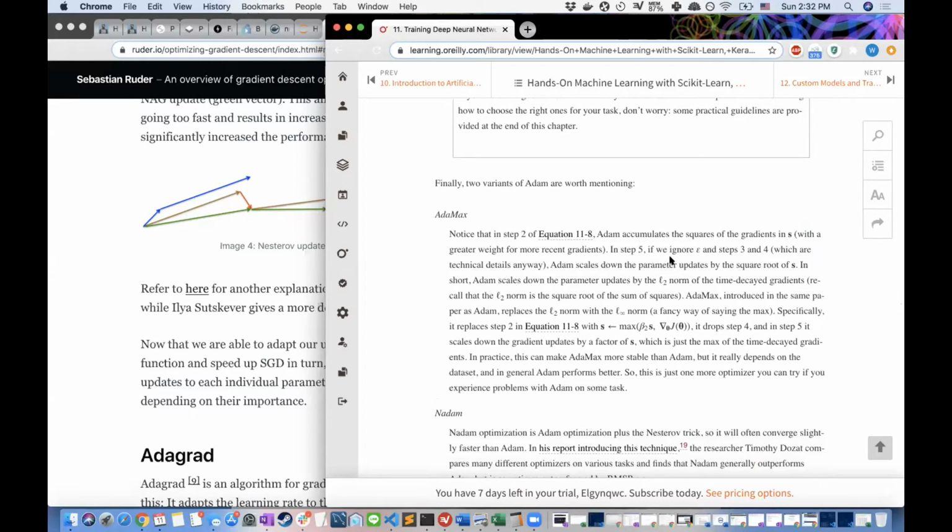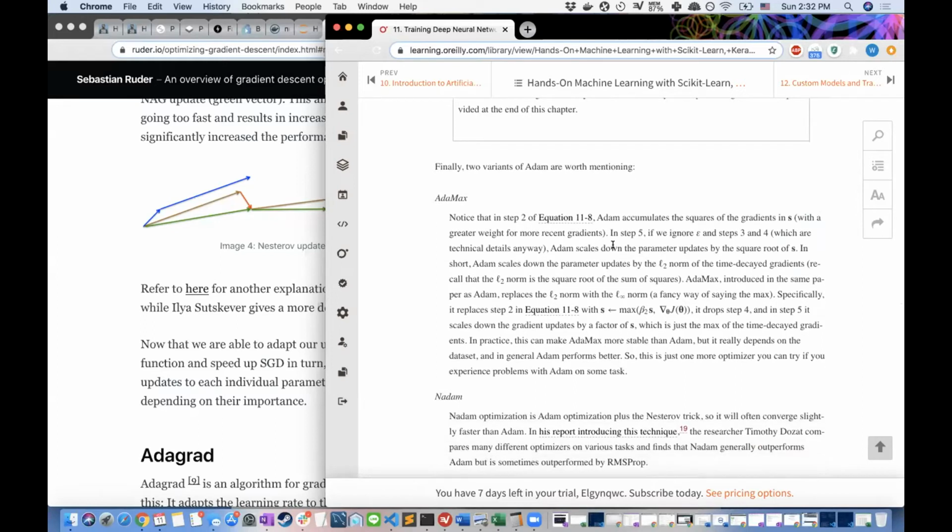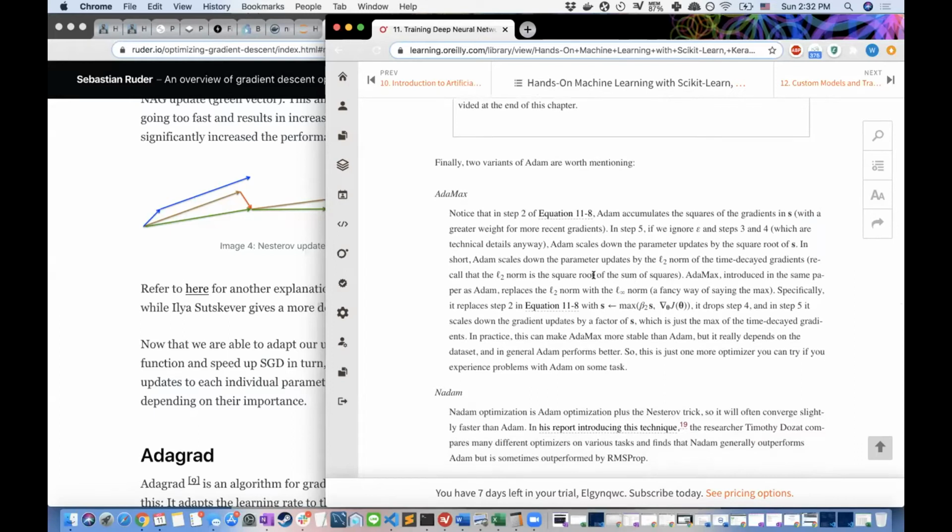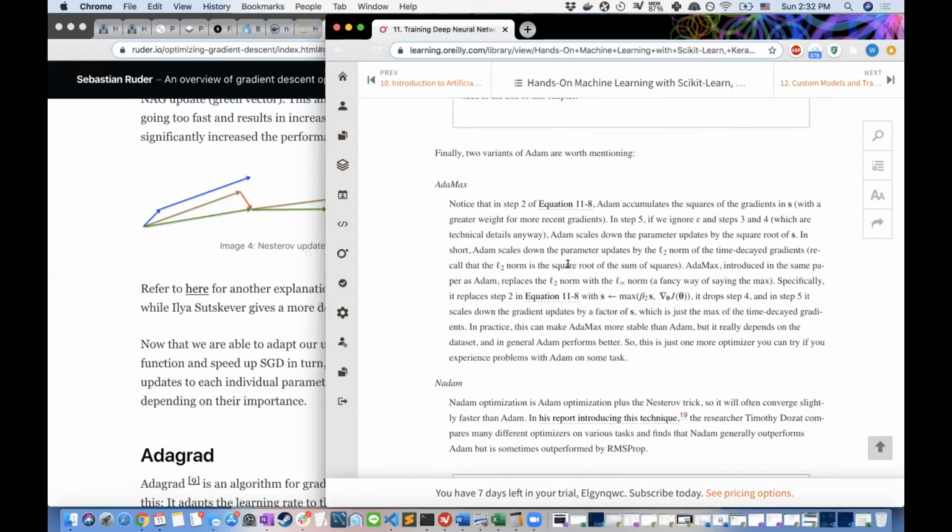In step 5, if we ignore epsilon in steps 3 and 5, which are technical details anyway, Adam scales down the parameter updates by the square root of s. In short, Adam scales down the parameter updates by the L2 norm of the time-decayed gradients. Recall that the L2 norm is the square root of the sum of squares.